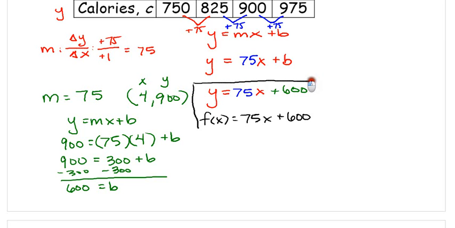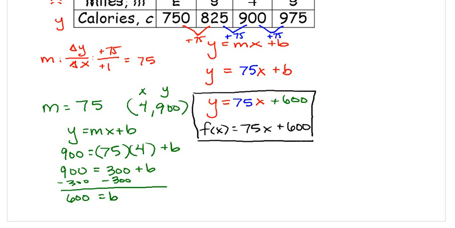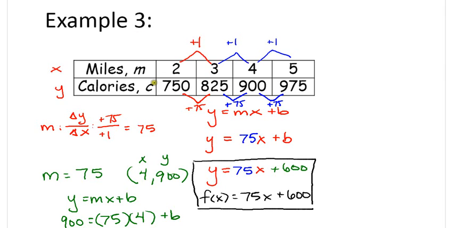But this was a story problem. I had some labels with these. I was talking about the calories I would burn for the miles that I ran. So what we want to do is interpret the slope and the y-intercept before we move on to our practice. In this example, the slope was 75. If I go back up to the relationship between the independent and the dependent variables, for each additional mile, I am burning 75 more calories.